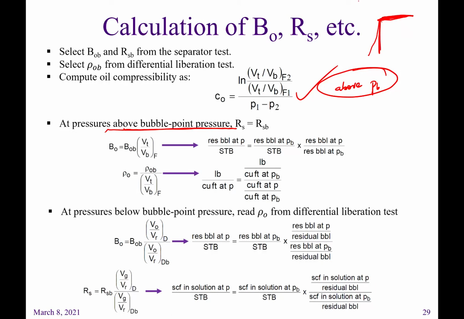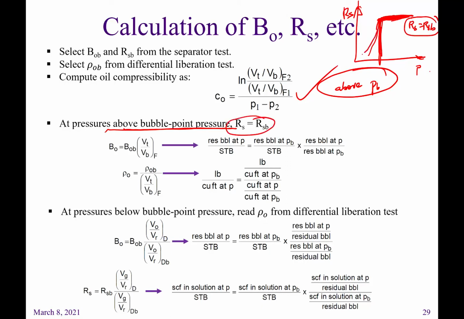Once you get to PB, you're plotting RS against P. Above PB, it's horizontal, it doesn't change. And that means RS equals RSB, right? The value at bubble point. And that's what this is telling you.